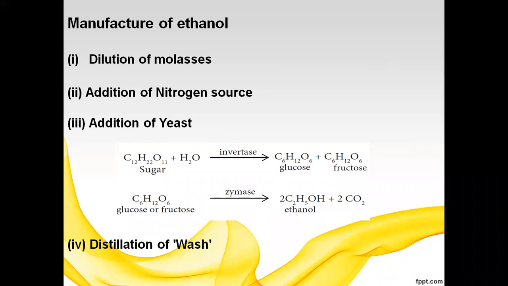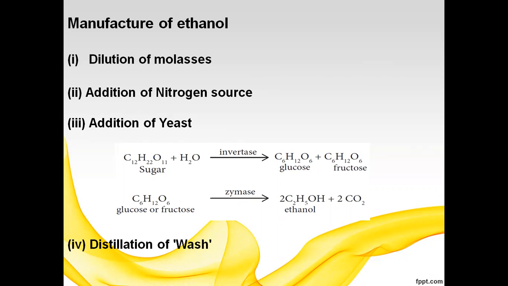So ammonium sulfate and ammonium phosphate are added. So the molasses has enough nitrogen content after adding ammonium sulfate and ammonium phosphate. So this is the addition of nitrogen source.